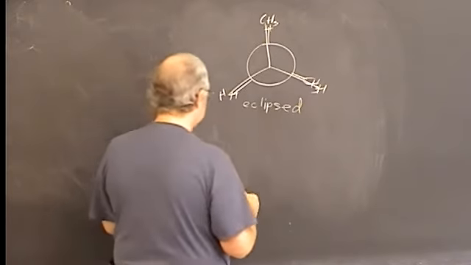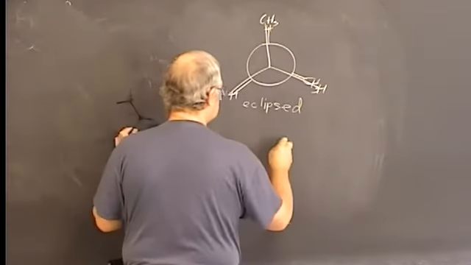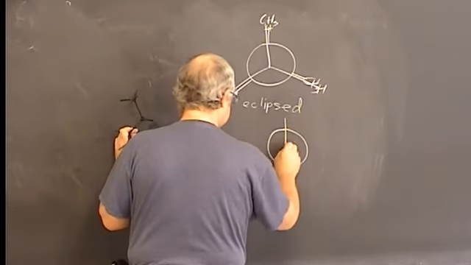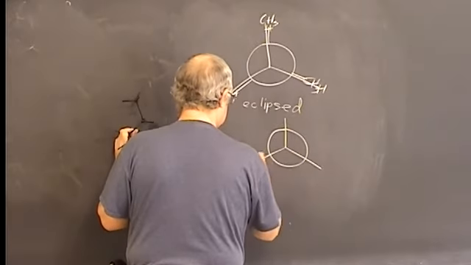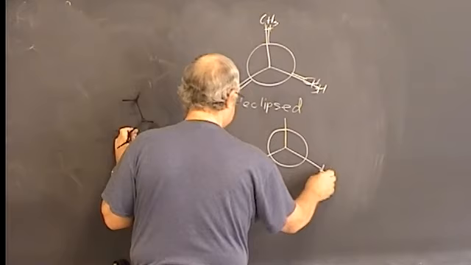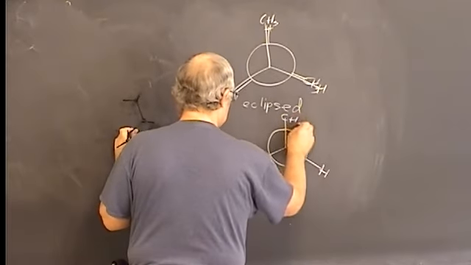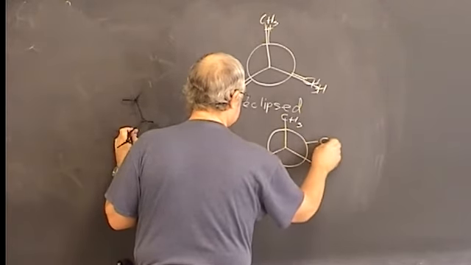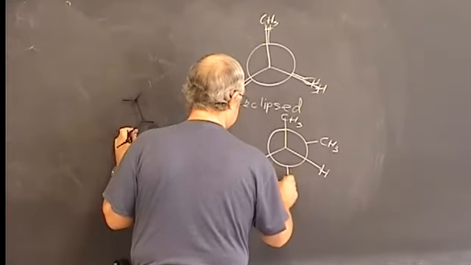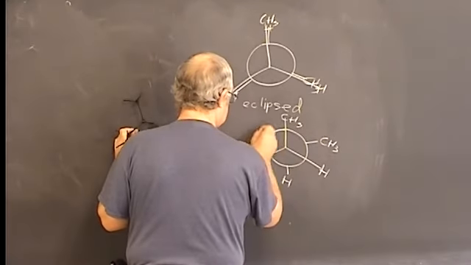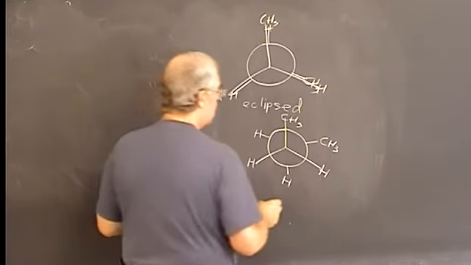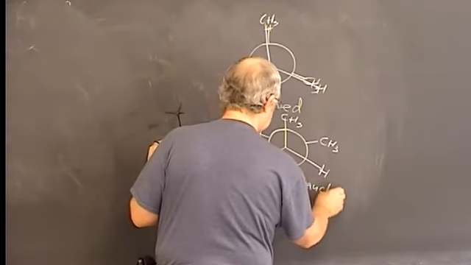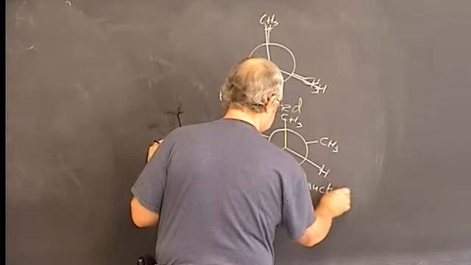And then the fourth one is called gauche, G-A-U-C-H-E, gauche.